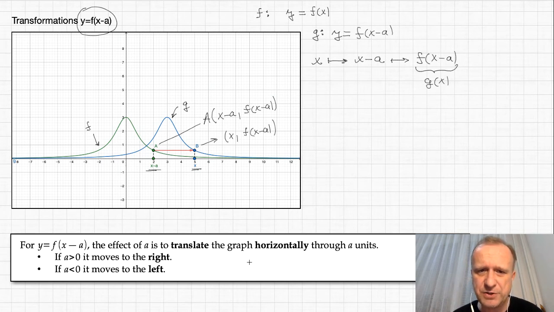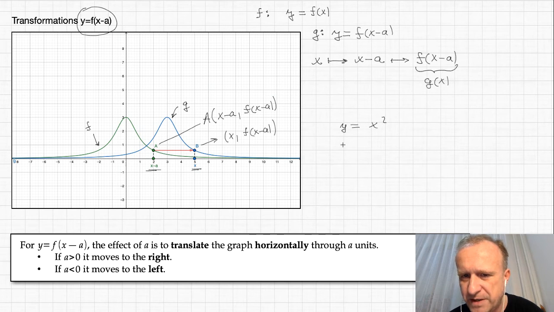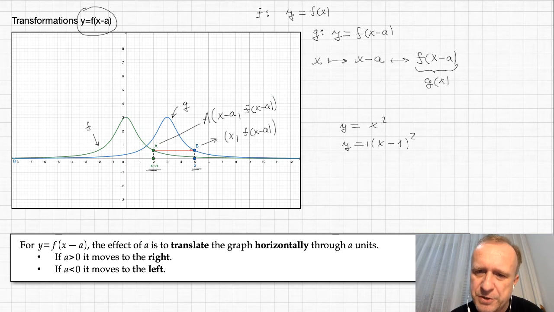This is a situation that you have encountered, for example, when you considered quadratic functions. So imagine you had y equals x squared and you had another function y equals x minus 1 squared. So you knew that this function here is obtained by shifting this original function by 1 unit to the right. So when a is positive, you shift to the right.